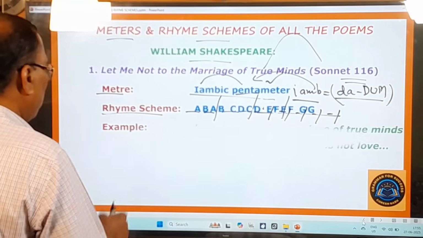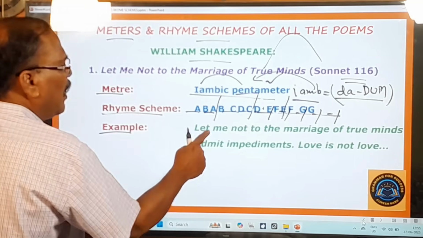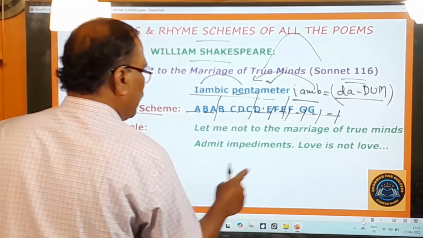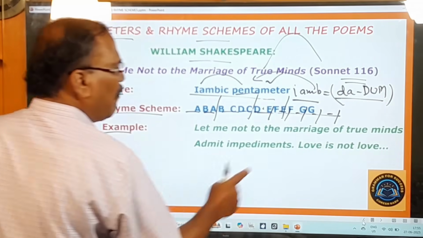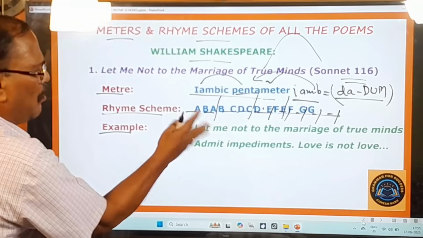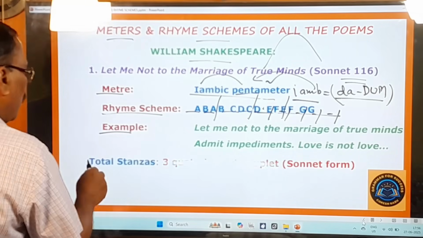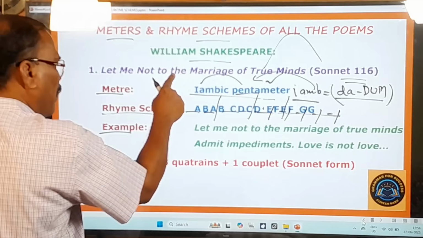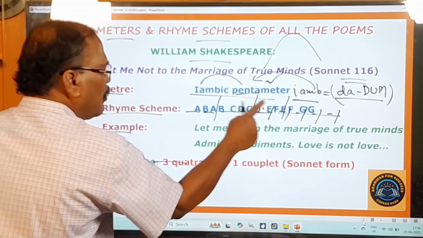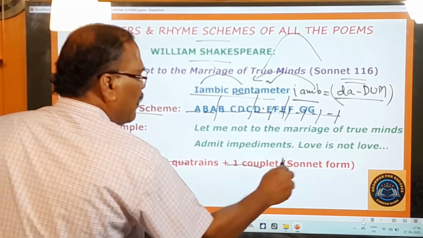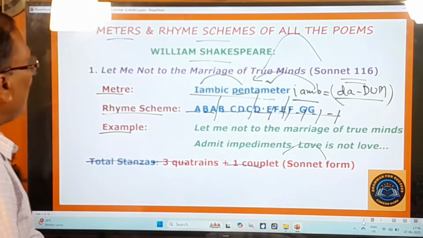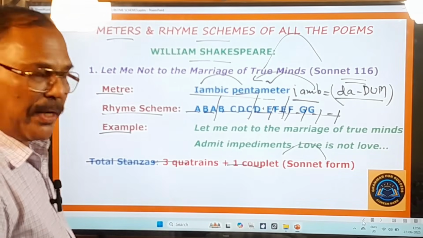And next point, some example is also given here: Let me not to the marriage of true minds admit impediments, love is not love. So 1 or 2 lines are given just for the sake of one example. And here total stanzas in this poem are 3 quatrains plus 1 couplet because it is a sonnet form. And now you move on to other poems.